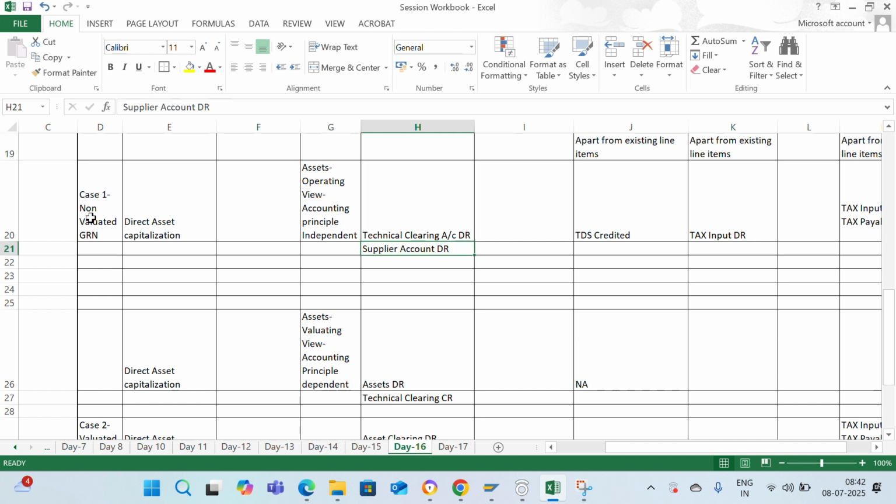And the next automatic entry is asset account debit to technical clearing account.